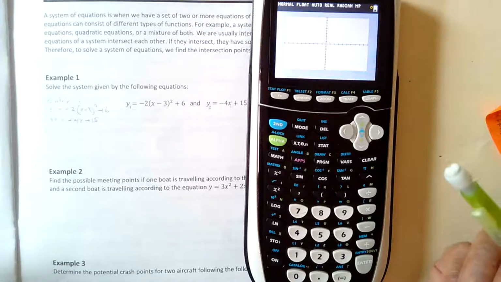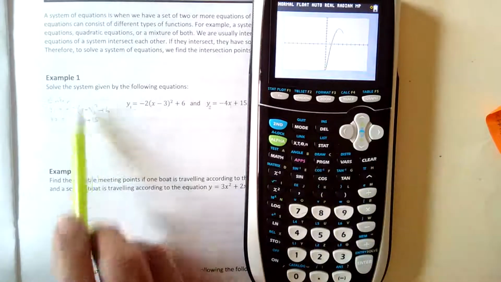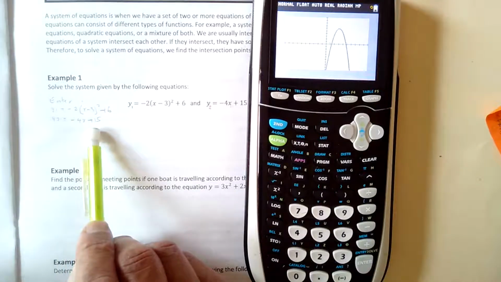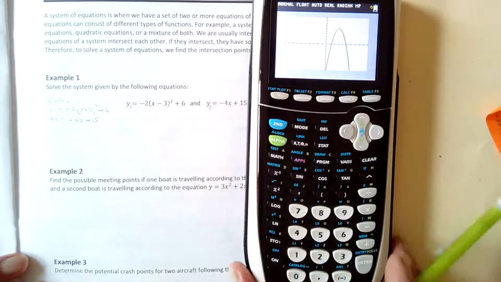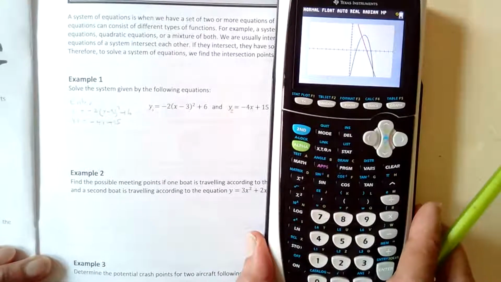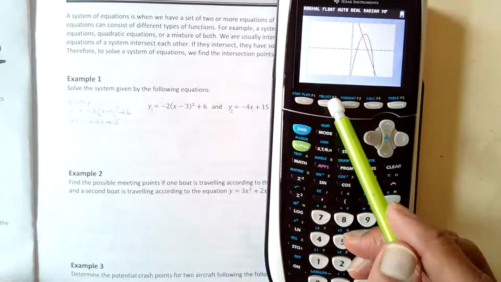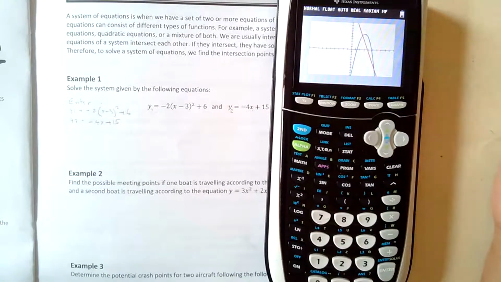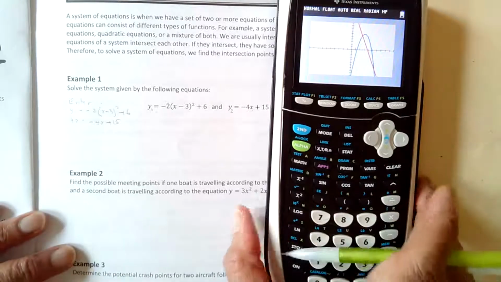Next, I press graph. Now, notice you don't see anything. So we'll have to adjust our window settings so we can see these two functions. To do that, I go to my window setting. I'll zoom in so you can see.